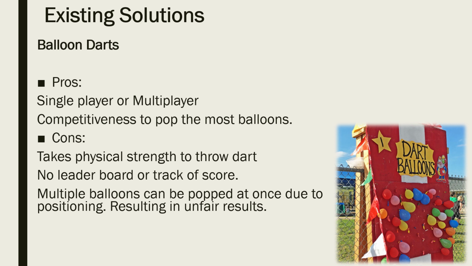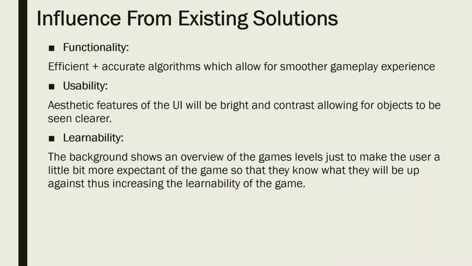Cons of the game, although, are the fact that it actually takes physical strength to throw a dart at a balloon, making it inaccessible for older people. Also, there is no leaderboard to keep track of a user's score, and multiple balloons can be popped at once due to the positioning of them, which can result in unfair scores.